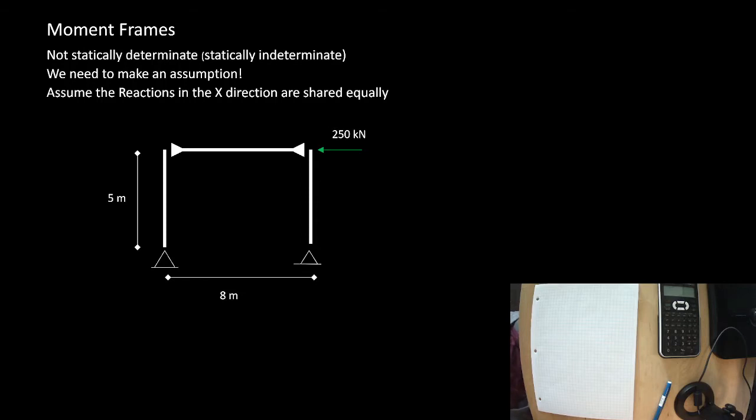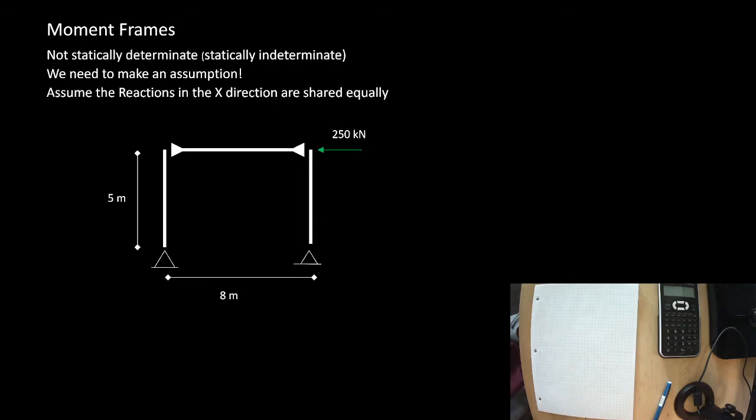Later on in the term, I am going to show you some slides that indicate what happens to this same problem when that wouldn't be true. And that is called a statically indeterminate problem, where we have to iteratively solve it. If it was a different type of moment frame where we had different stiffnesses in our beams, we would see that the assumption we're making for this one would not be true.